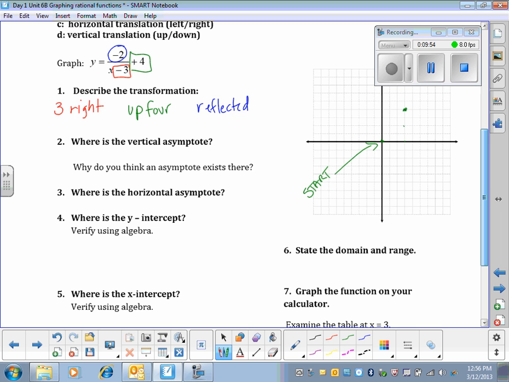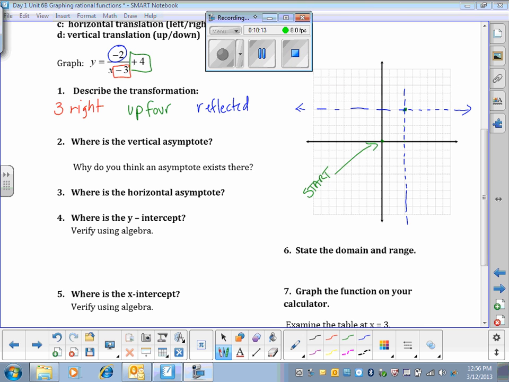That's my new sort of origin, right? So that's where my new asymptotes are going to be. So here's the horizontal asymptote, and here is the vertical asymptote.